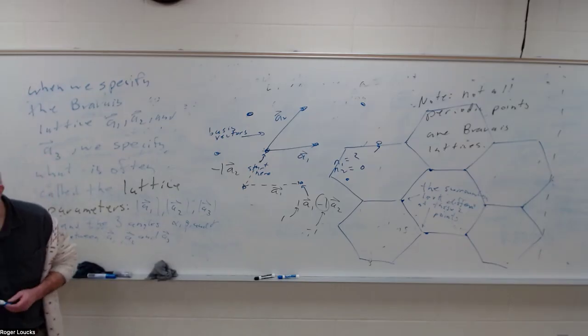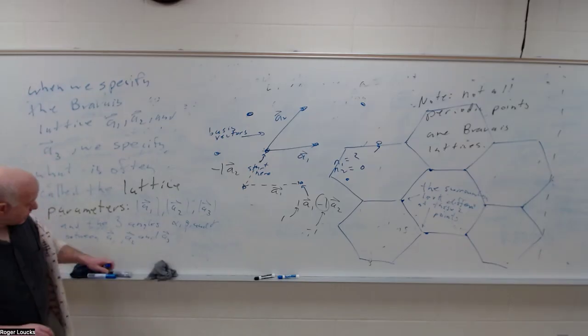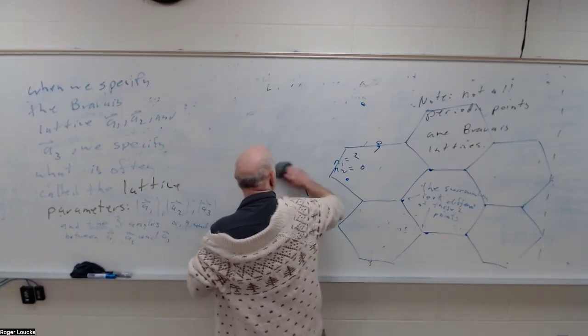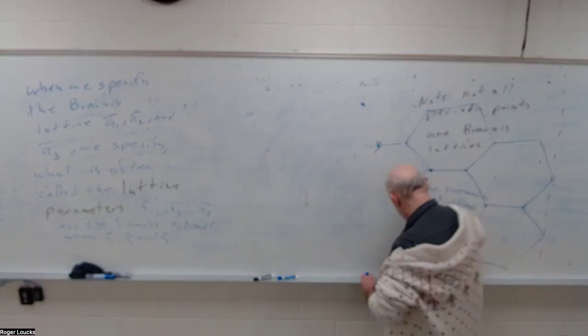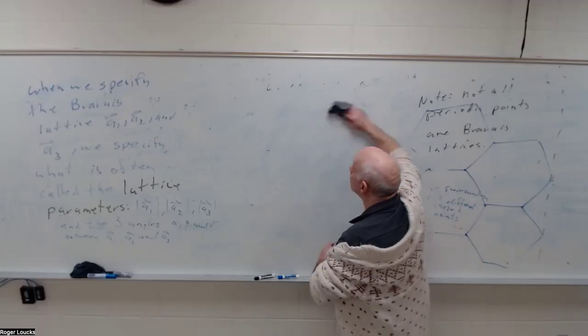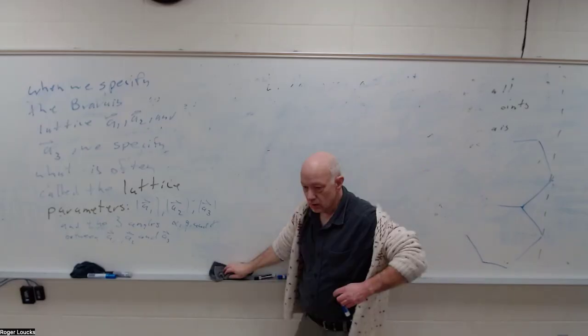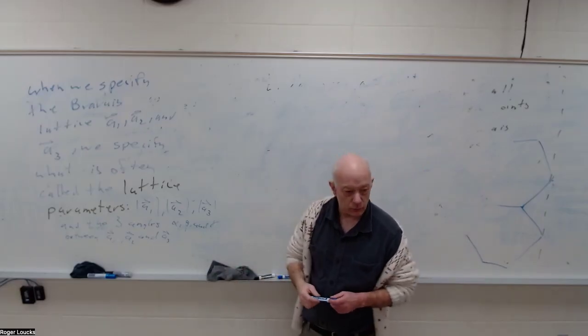Okay, so they're just lattice parameters. That makes sense? What are some obvious ones we have? Okay, what do you think?